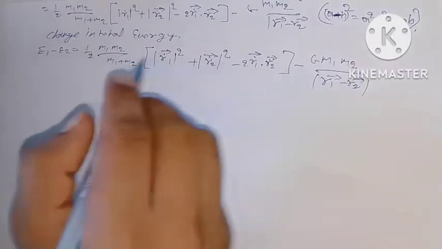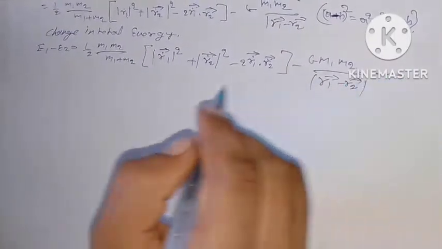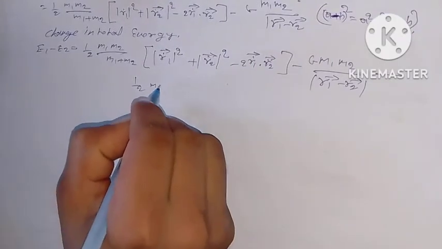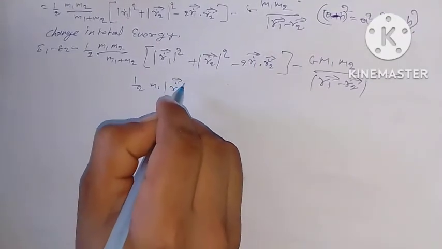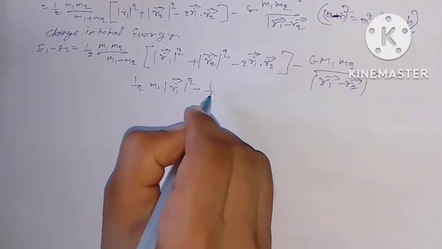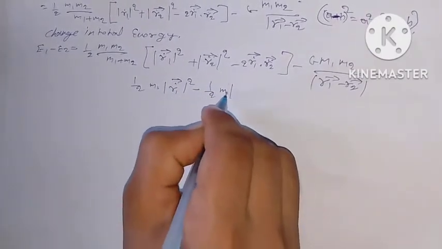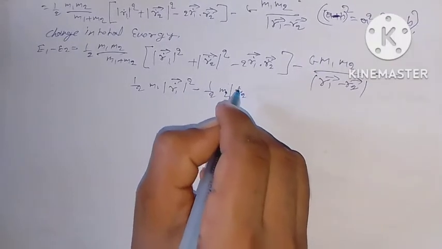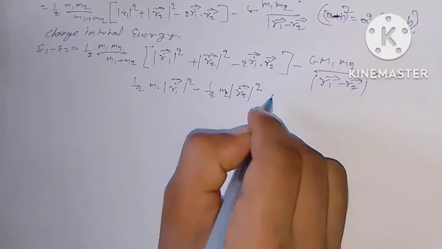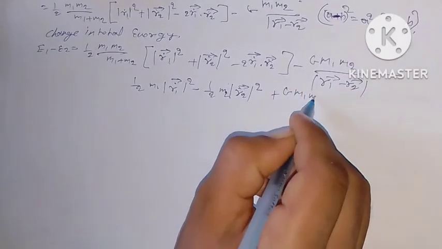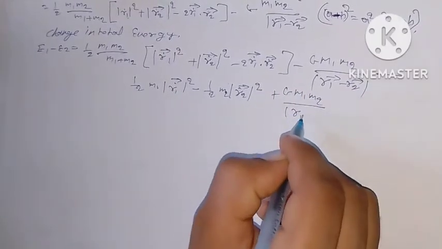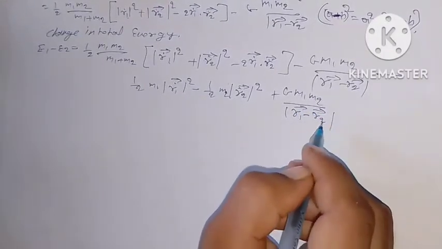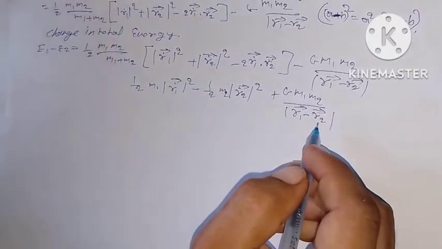minus 1 upon 2 M1 derivative of R1 vector whole square minus 1 upon 2 M2 derivative of R2 vector whole square plus G M1 M2 upon mod of R1 minus R2, okay?